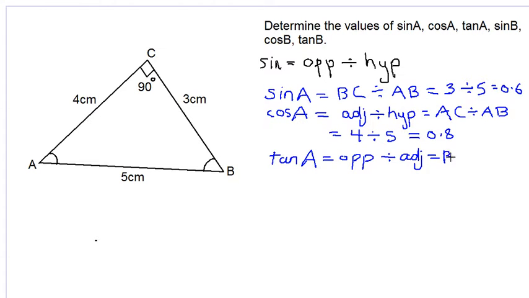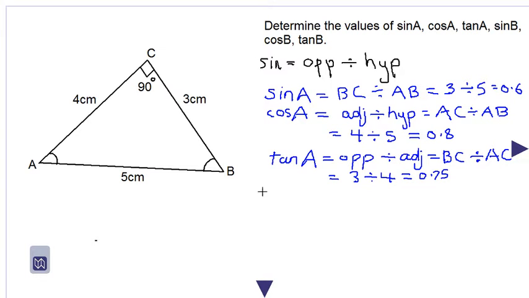So we have BC divided by the adjacent side, which we found to be AC. We now substitute the lengths of the side. So we will have BC being 3 divided by the adjacent, which is 4, and that will give us 0.75, which is the tan of A.